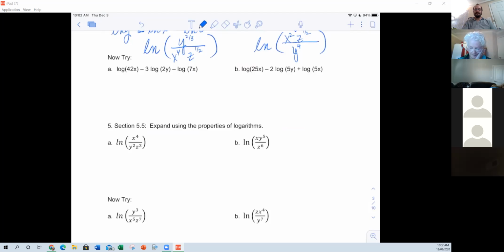But you should be able to do these. It's a little bit more simplifying on the ones I gave you.